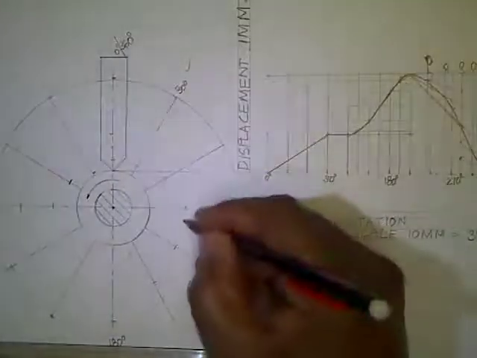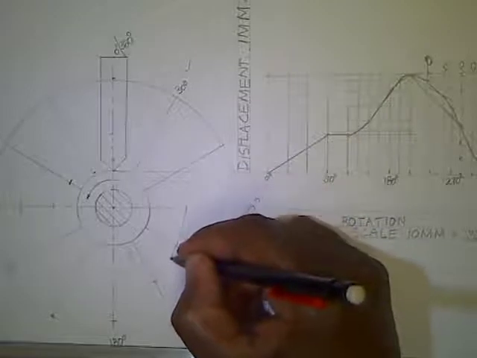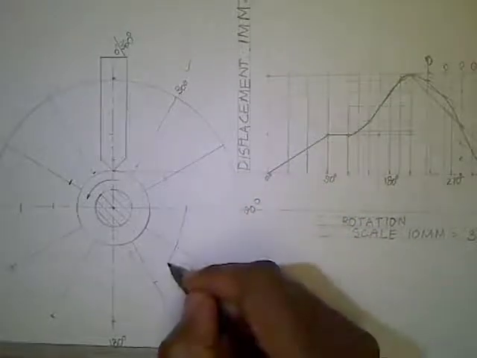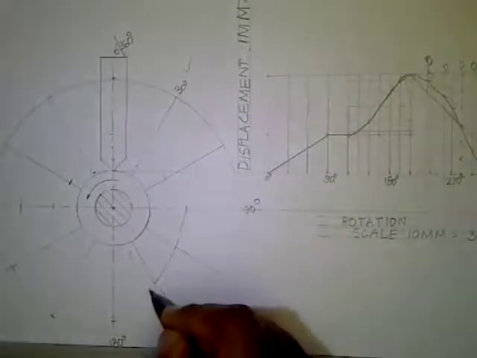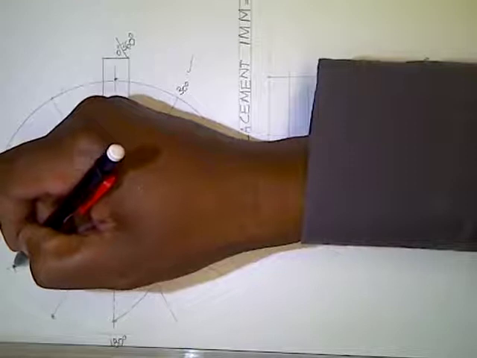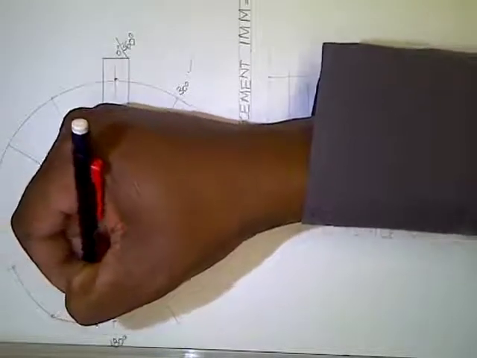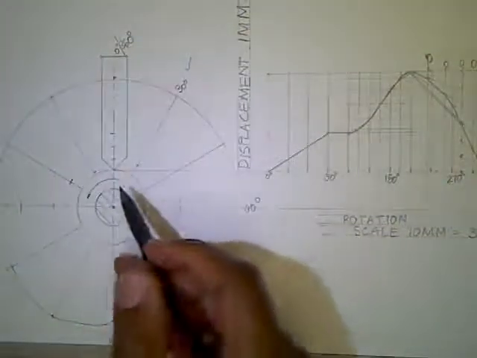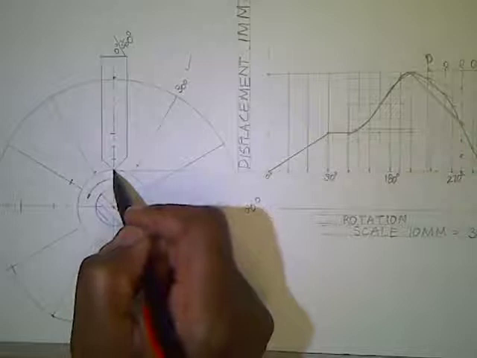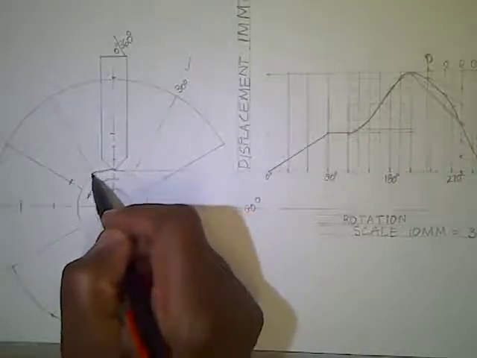I prefer doing it freehand. You can do it freehand, or you can use French curves. It's okay, there's no penalty for not doing it freehand or for not using a French curve.